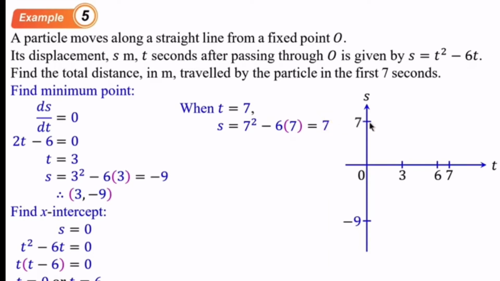So let's label the points: we have (7, 7), (3, -9), (0, 0) and (6, 0). All these are important points. We have the minimum point (3, -9). Make sure you label the minimum point because it is a must to label.